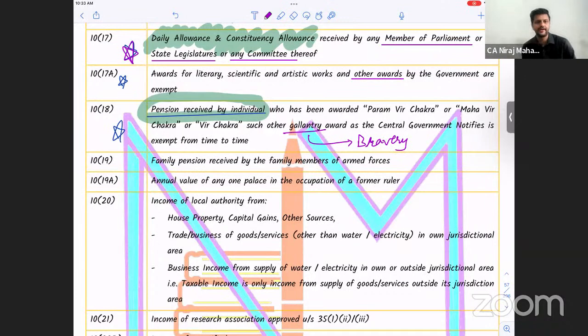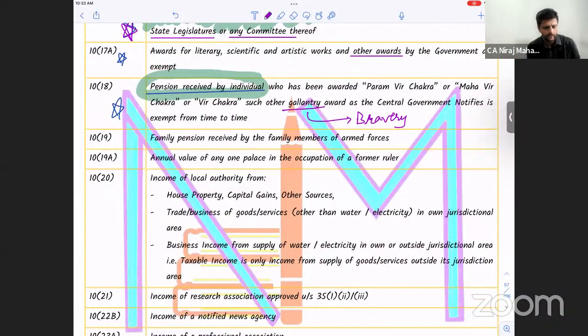Award as CG notifies, and that pension amount is exempt. We are not talking of the awards themselves, which are as it is exempt. We are talking of pension income of such person, who has received during his service Paramveer Chakra, Mahavir Chakra, or Veer Chakra. Clear?